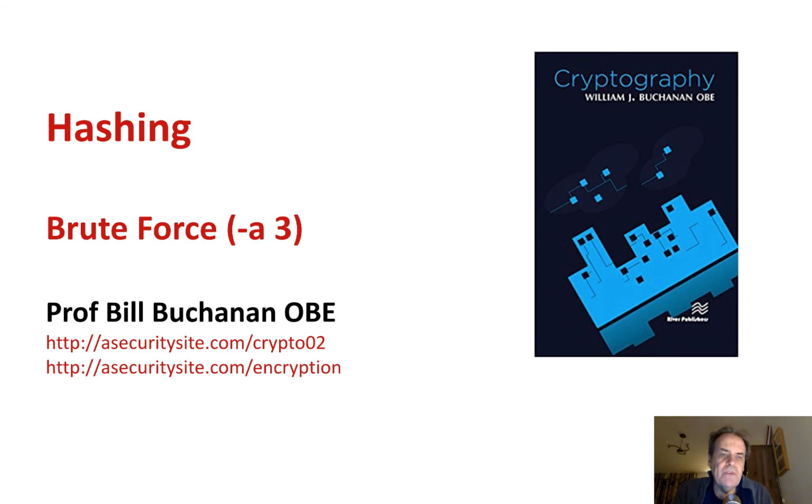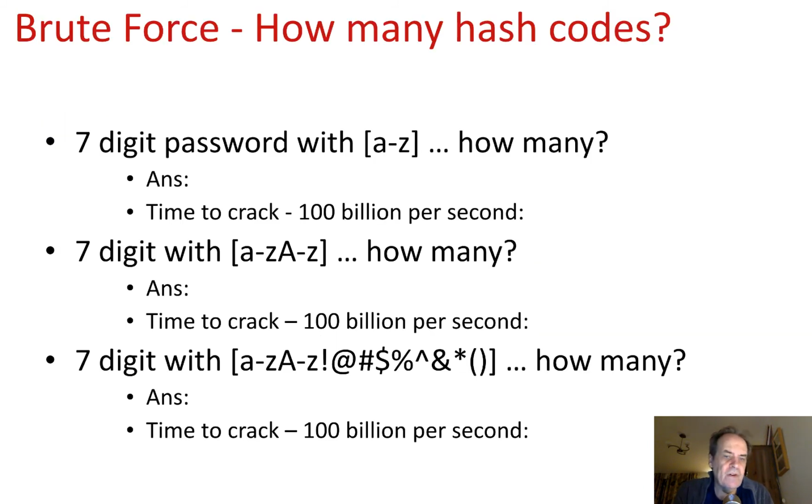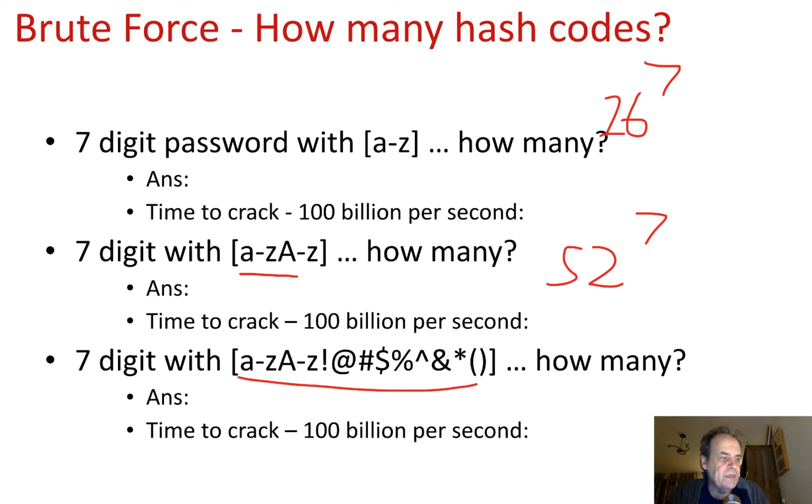So for brute force we'll use a combination of characters. We need to understand how many we've got, so for a 7-character password of lowercase a to z, how many passwords can we get? Well, it will be 26 to the power of 7 for our total number of passwords. For lowercase and uppercase, it will be 52 to the power of 7, and then for this it will be, I think, about 60 characters, so 60 to the power of 7.